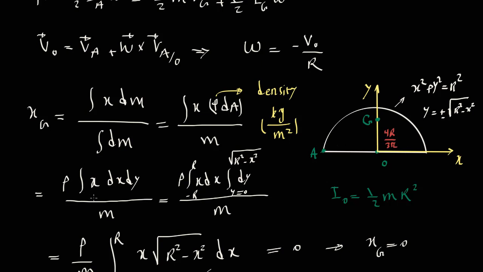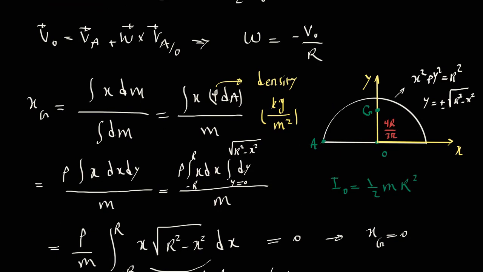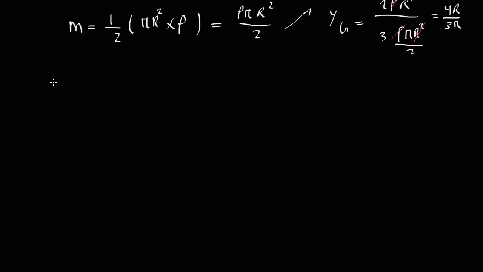These are on 2 layers and it's just going to be a pain to copy it. So basically I would say that IO, the moment of inertia about point O, is equal to IG plus m times this distance squared. So this is the parallel axis theorem. So IO is equal to IG plus m times 4r over 3 pi squared.